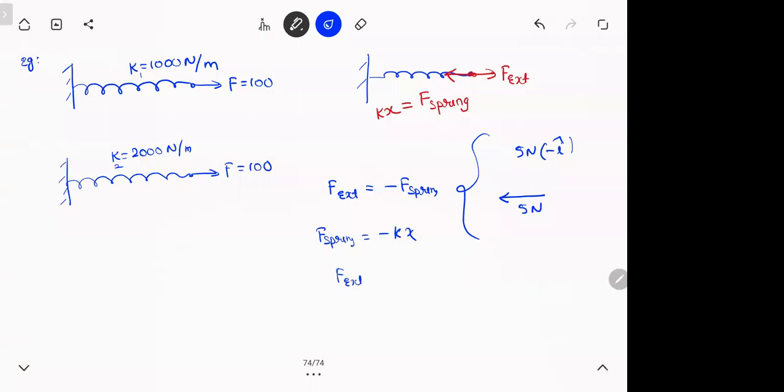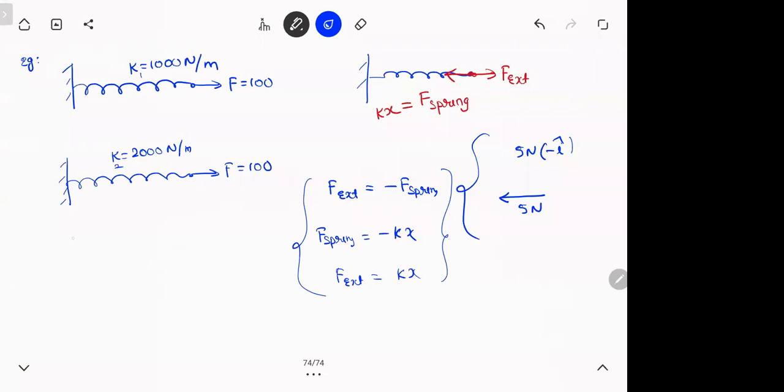So we get F external is Kx. That is all just mathematical jargon, so you don't worry about that part. Spring will exert a force of Kx. If you pull it, it will pull you back. If you push it, it will push you back. But keep that simple. Let's not make it complicated by thinking too mathematically. Is that understood? You push it or elongate it, it will pull you back or push you back.